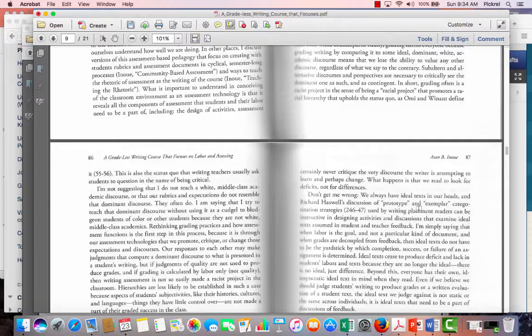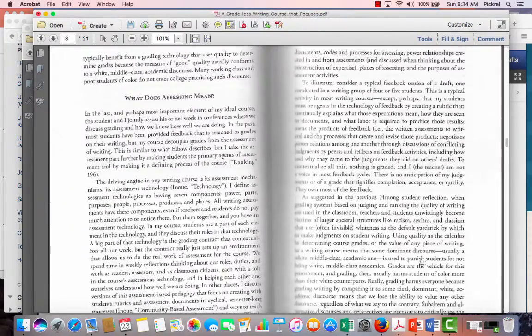So here you can see he says, "Don't get me wrong, we always have ideal texts in our heads, and Richard Haswell's discussion of prototype and exemplar categorization strategies used by writing placement readers can be instructive in designing activities." So he brings in that author's idea by naming him and naming the types of categorization that author is proposing.